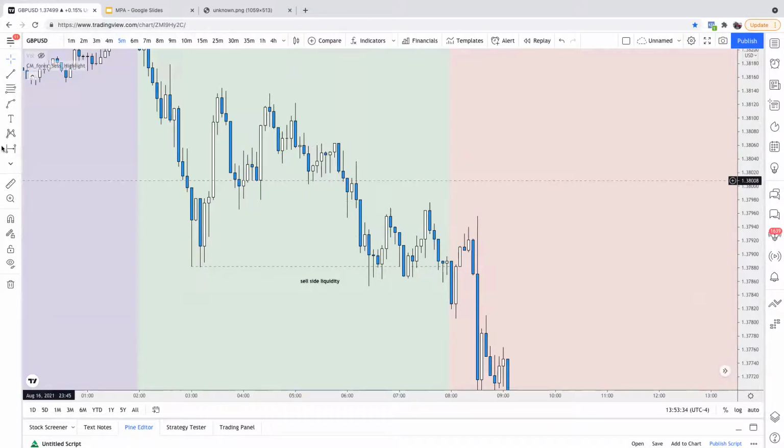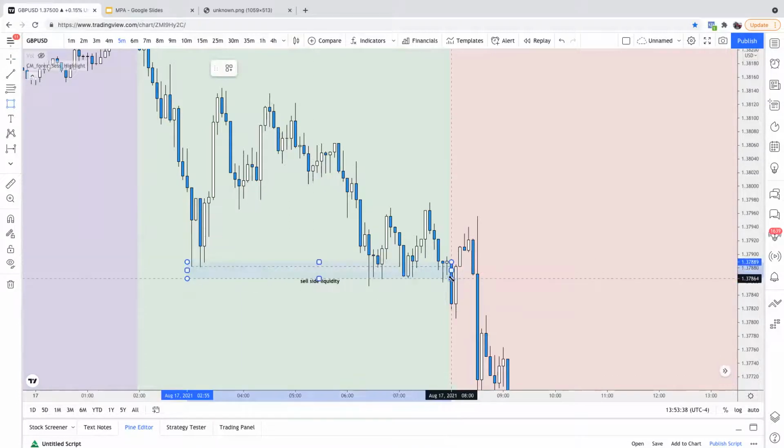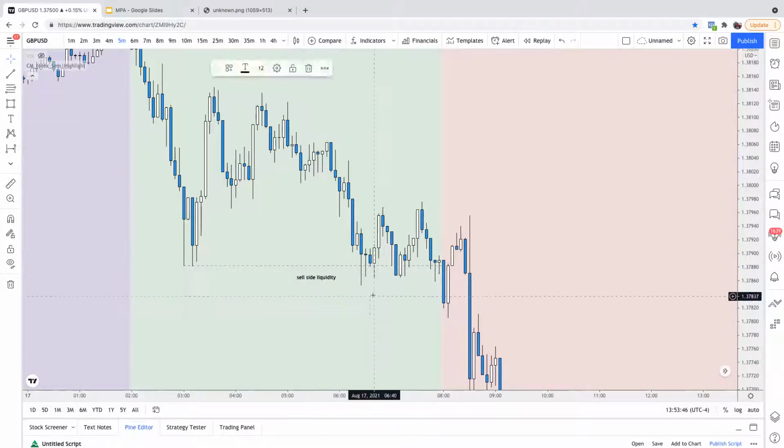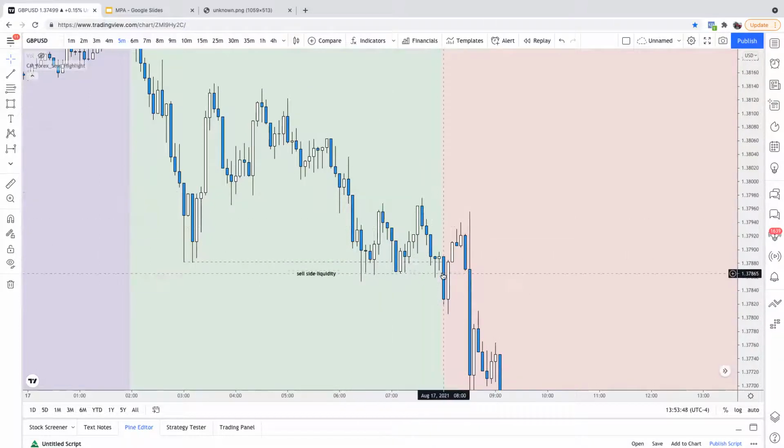Now, from a retail perspective, retail would probably look at this as a form of support or anything of that nature. There's nothing wrong with it. But London created sell side liquidity, in which first comes New York. New York then runs that liquidity, trades back up into the supply zone here, and then trades lower.